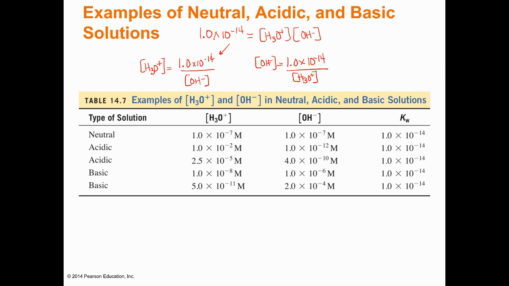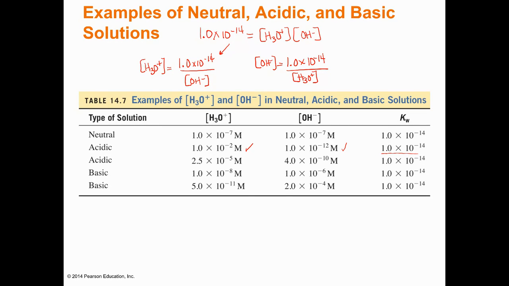So what I'd like you to do is to take your calculators and confirm this with all the numbers on this slide. For example, take the second hydronium, 1.0 times 10 to the minus 2, and multiply it by 1.0 times 10 to the negative 12, and make sure that you get this Kw value.